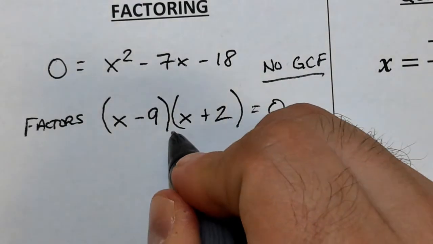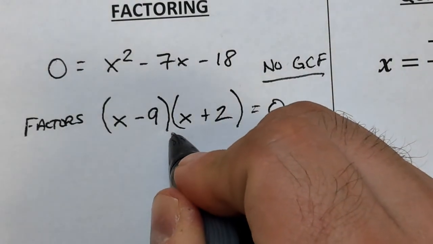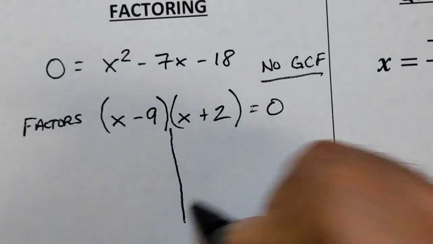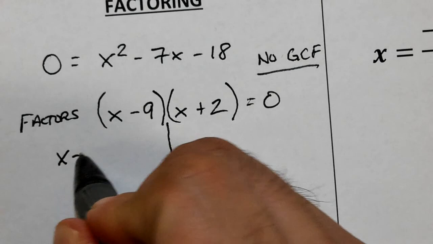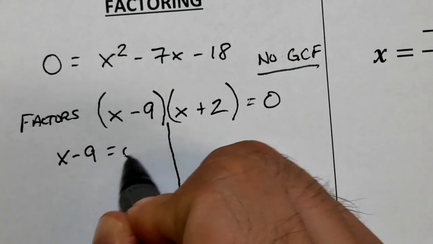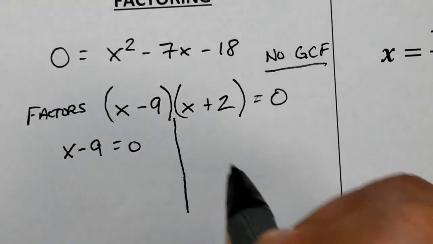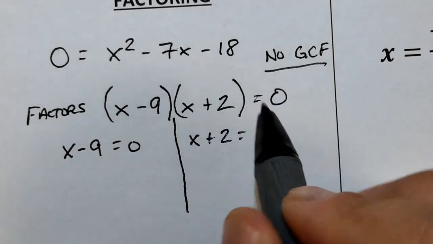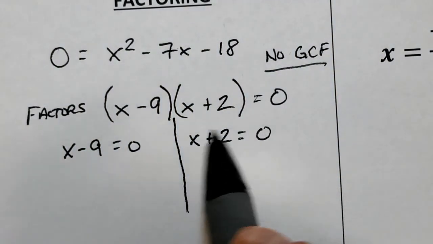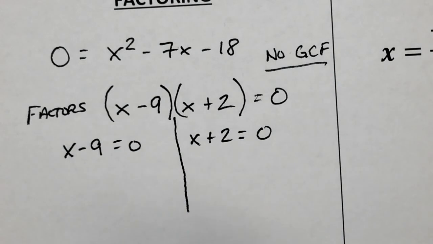From here, and this is where it becomes new, I like to create a line to keep my work organized. I'm going to take this factor of x minus 9 and set it equal to 0. And I'm going to do the same for the other factor. We're basically trying to find what value of x would make these little equations 0.